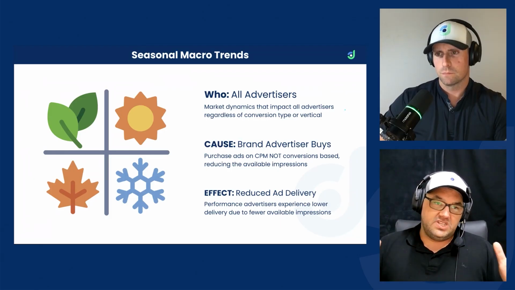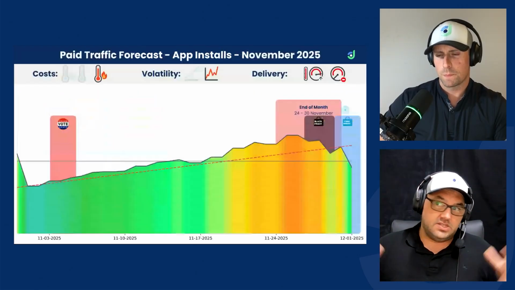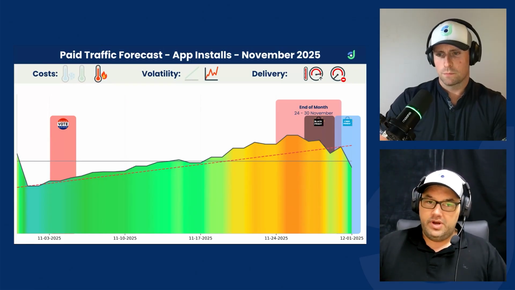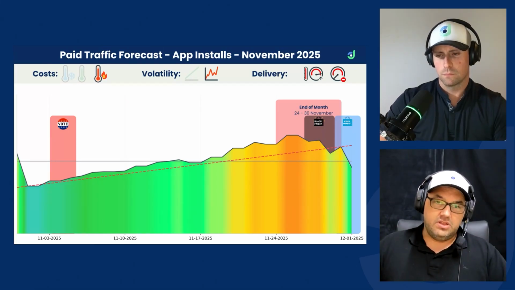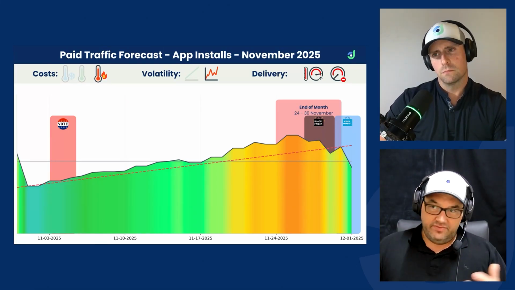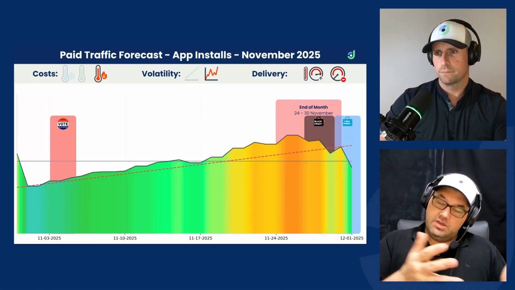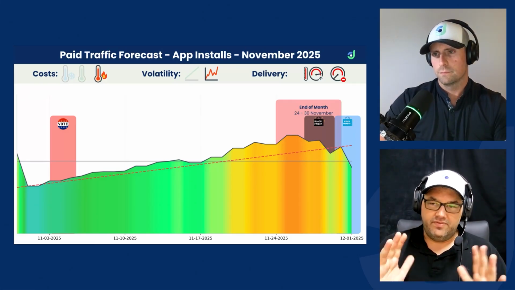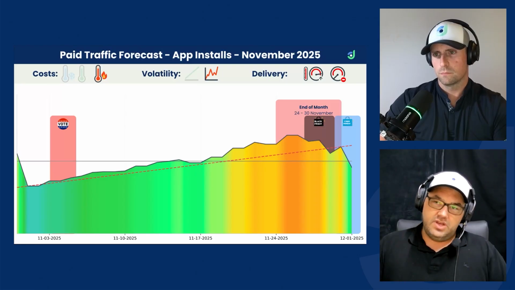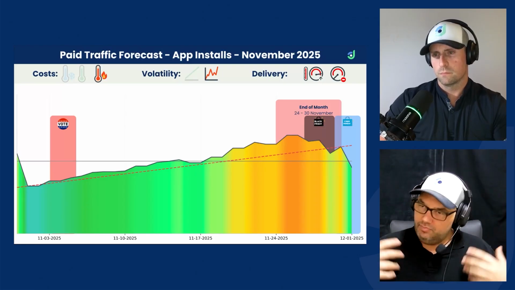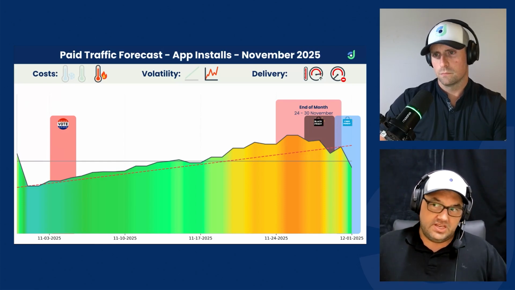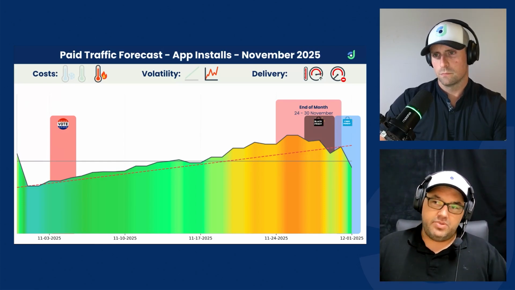So what we do is indicate every month what these events are, what's likely to happen in the month of November. We've got a couple of them. One is the elections early in the month of November. So if you're seeing volatility at that point in time, it's probably a good idea to have a look and say, is it around that period of time, the 4th, 5th, 6th? At the end of the month as well, we've got our normal big dumps we expect, but we've also got Thanksgiving, Black Friday, and Cyber Monday happening towards the end of the month.